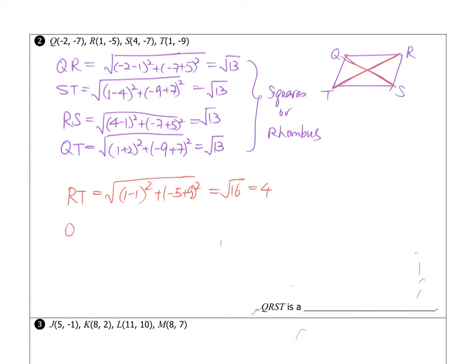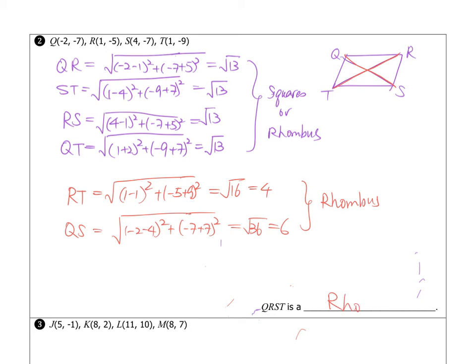And then if I calculate the QS, I should have negative 2 minus 4 squared plus minus 7 plus 7 squared. So this is 0, but that's 6. That's root 36. So that comes out to be 6. So the diagonals are not congruent. Therefore, the only possibility for that is a rhombus. So that's my final conclusion.